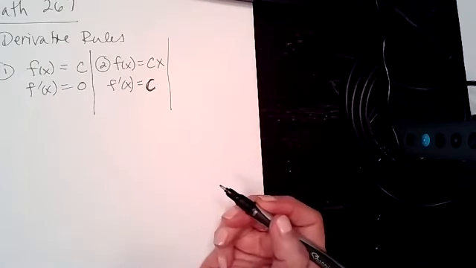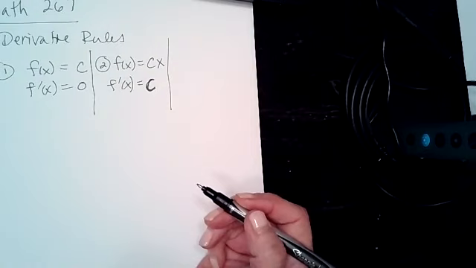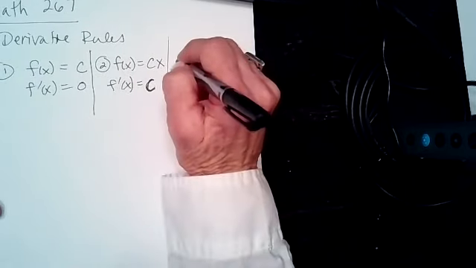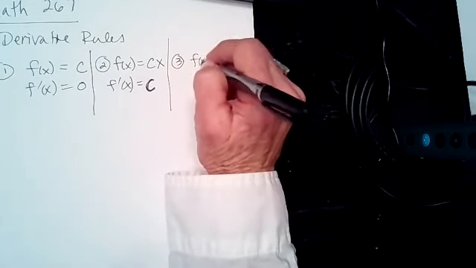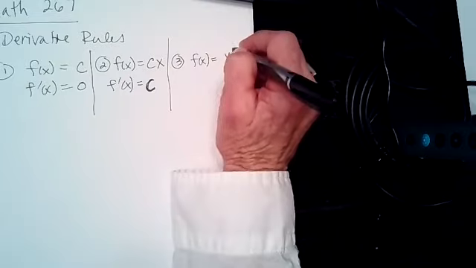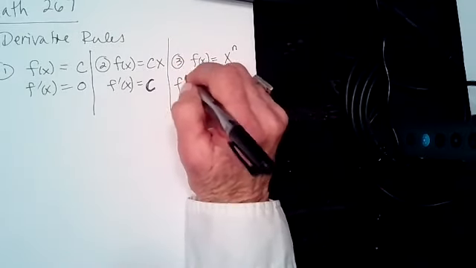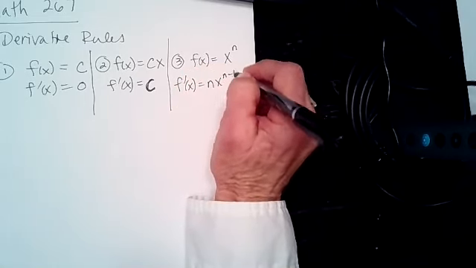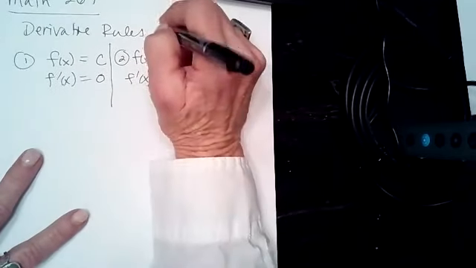With u substitution, we picked u and found du. With integration by parts, we used u and du. Du is the derivative of u. And 3, if f of x is x to any power other than 1, then the derivative, what do we do? We multiply down and we subtract 1 from the exponent. Okay, so those are your 3 basic derivative rules.